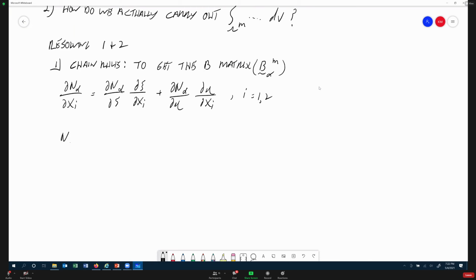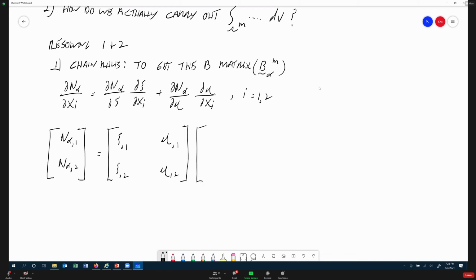So we have n comma 1, n comma 2 is equal to a matrix times n alpha psi and n alpha nu.